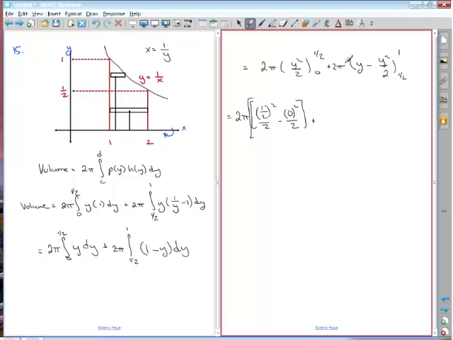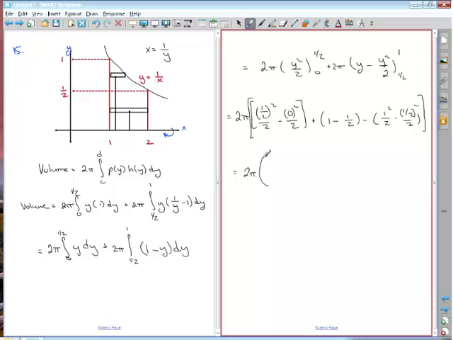And then I factored the 2 pi out, so that's already out there. I'll just do the y part first. So we have 1 minus 1/2, so this is y at the upper limit minus y at the lower limit. And then we have minus y squared, so we'll have 1 squared over 2 minus 1/2 squared over 2. And that whole thing is closed.